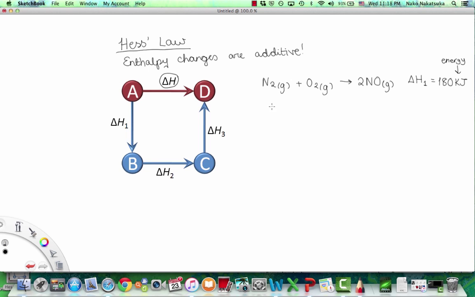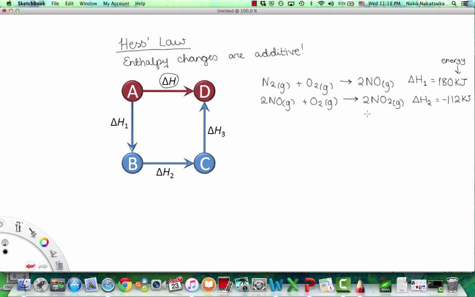Then we have another reaction that is 2NO plus O2 going to 2NO2. The delta H of the second reaction is negative 112 kilojoules.